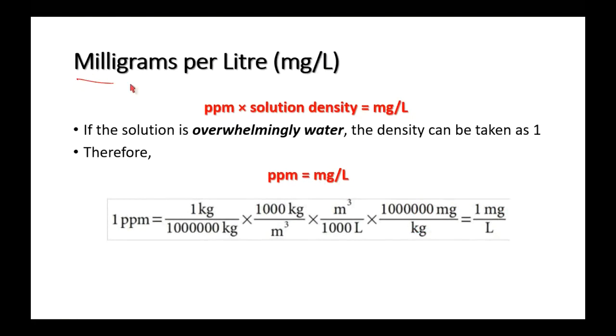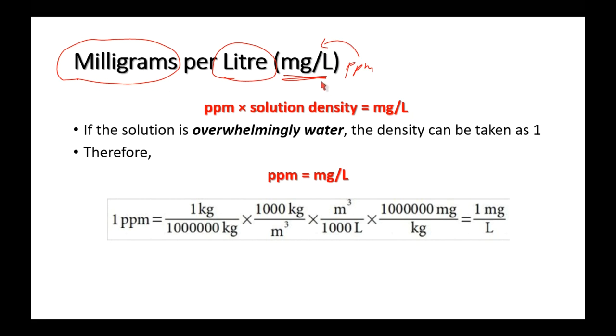Now, nowadays, there are a lot of reports that are moving away from parts per million, and they're expressing concentrations of impurities, dissolved solids, that sort of thing, in milligrams per liter. So what the heck is a milligram per liter? It's basically a part per million.